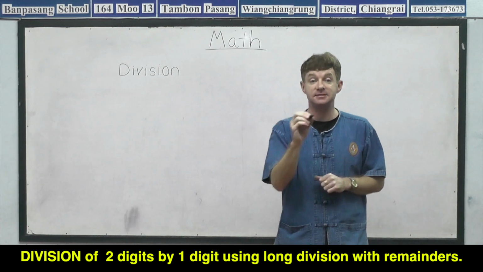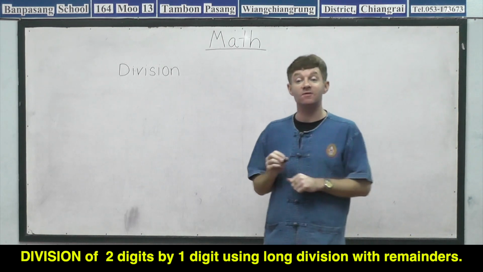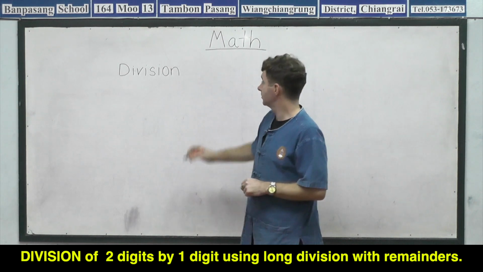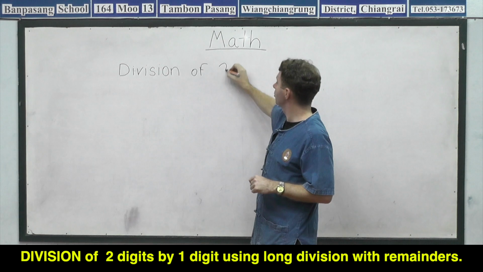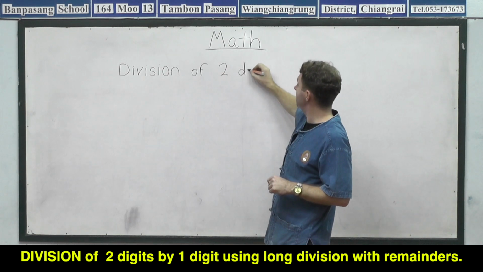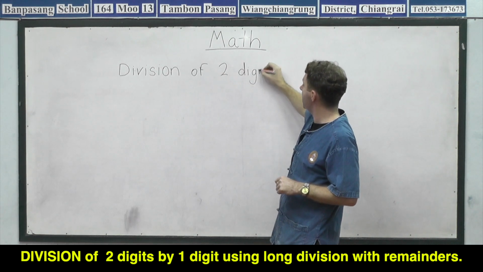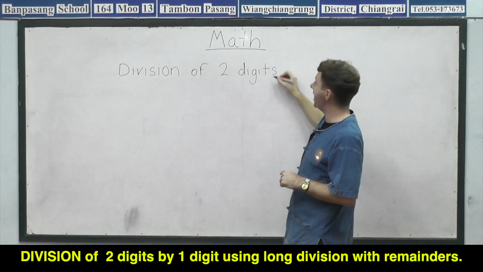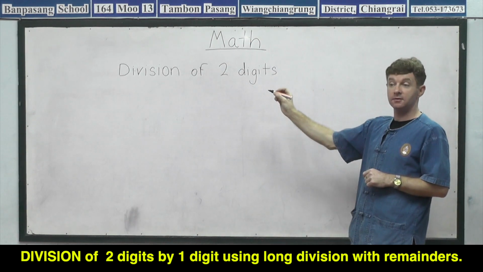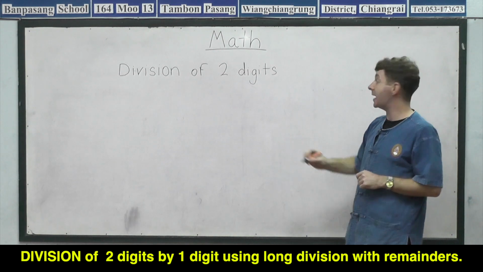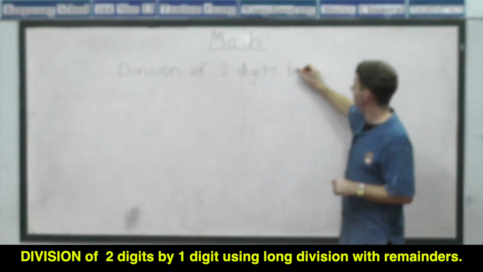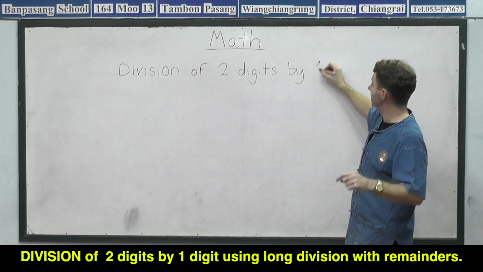Okay, and in the last lesson, what were we learning about with division? Division of 2 digits. D-I-G-I-T-S. Division of 2 digits by B-Y, 1 digit.